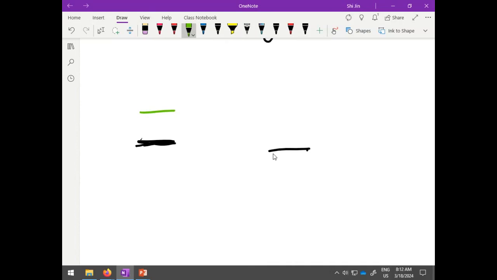Yes, that's absolutely true. Let's look at these three things: three carbonyl groups, green, black, blue. If the position represents the potential energy, the blue one is most stable and the green one the least stable.